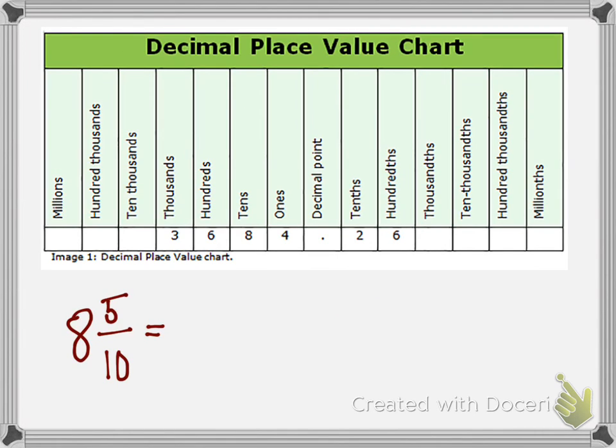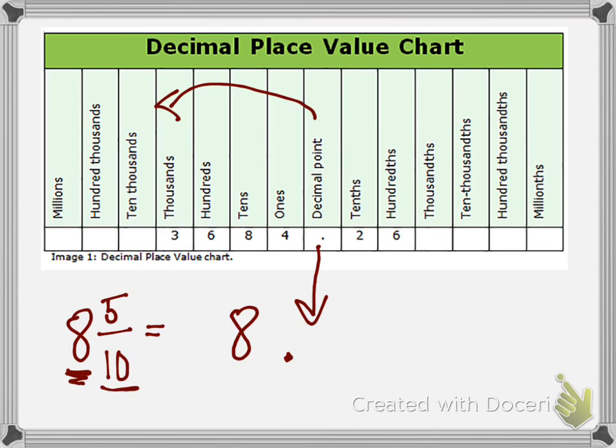All right, well, here's an example of a mixed number, and we would read this as 8 and 5/10. So we do have a whole, and that is to the left of the decimal point. So if we want to convert this into a decimal, we want to put our whole, and then we're going to bring down our decimal point. So 8 and.